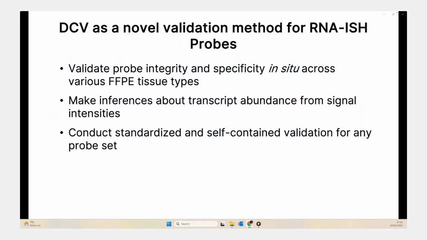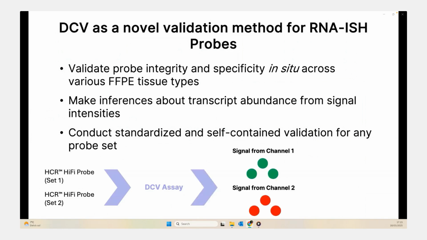The way DCV works is, first you start with 2 independent sets of probes, but they both target the same RNA of interest. Then you run through the DCV assay, resulting in signals in separate channels.